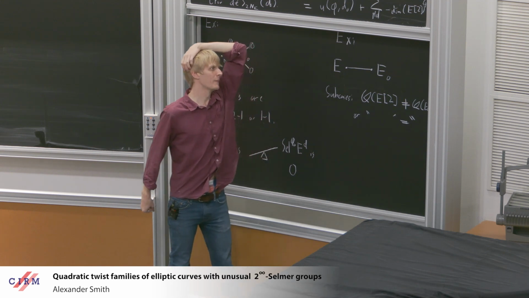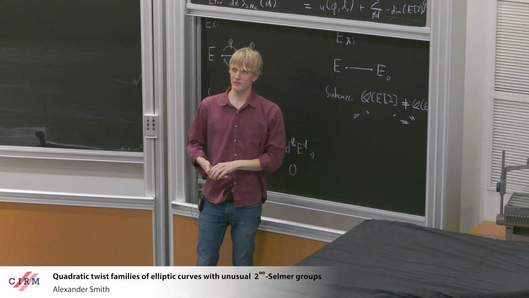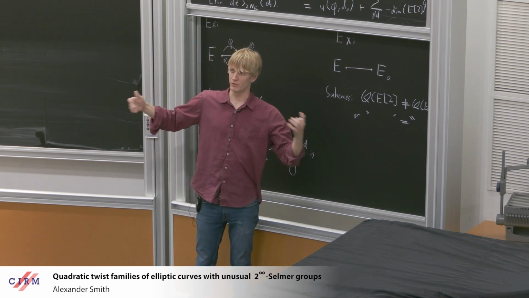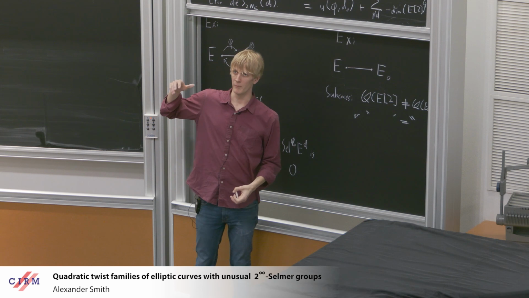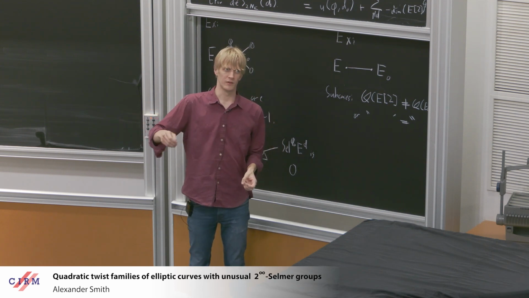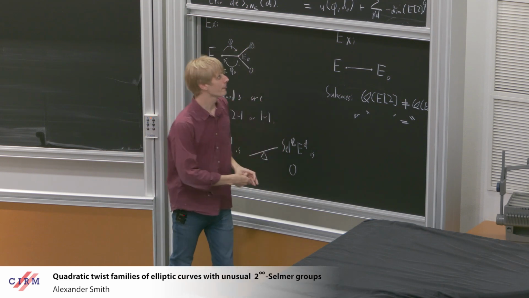And so how you can think about that heuristically is you just choose a large space over F2 and then pick some small number of conditions that these things satisfy at random.